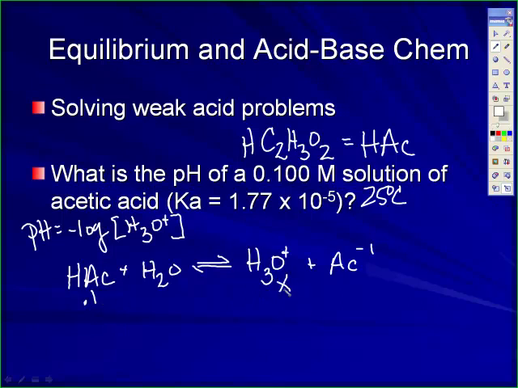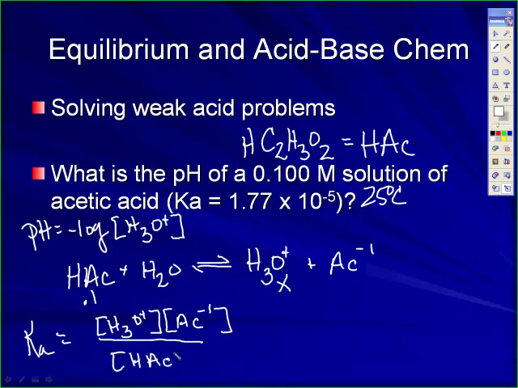So for right now, let's just call it X. And let's set up our Ka equation. We've got H3O plus times the C2H3O2, or the Ac if we're abbreviating, minus 1 over the HAc. And let's set up our ICE table. So let's take HAc and H3O plus and Ac minus 1 and do initial, change, and equilibrium.